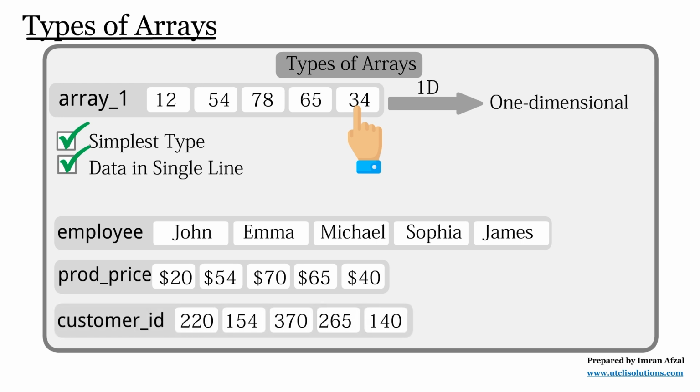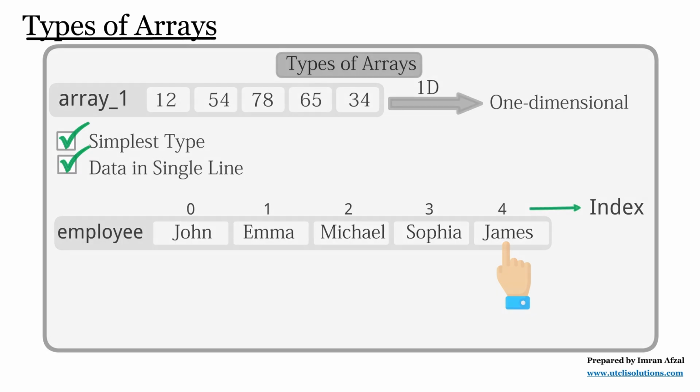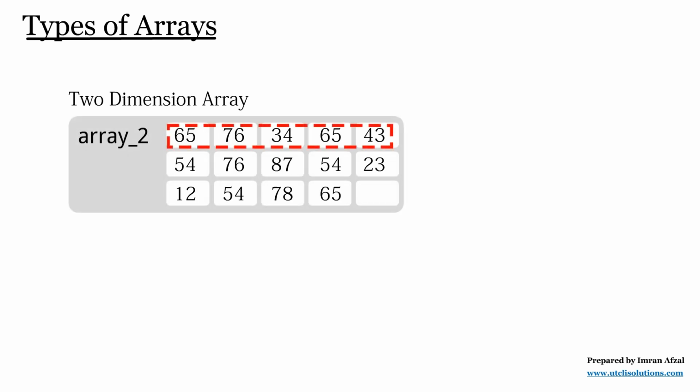Since a 1D array has one row, we can easily access any value by referring to its position, which is the index.